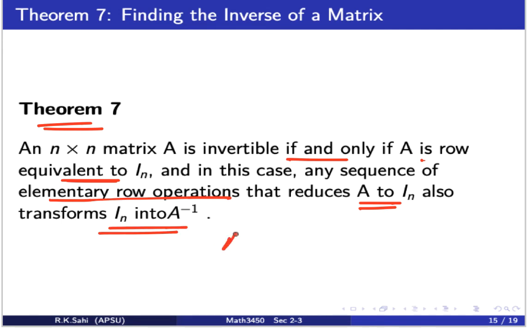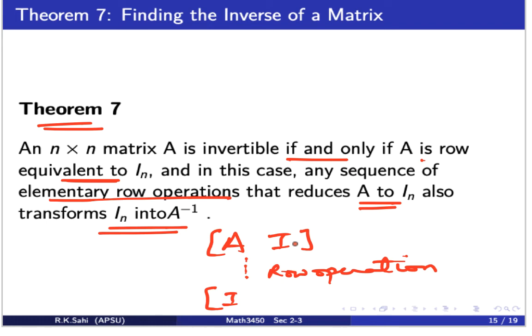In other words, we put A and I together, and then we apply these row operations. If the matrix is invertible, then A will be transformed to the identity, and the identity will be changed to the inverse of the matrix A. Okay, so this is another way of finding the inverse. Let's go ahead and do an example.